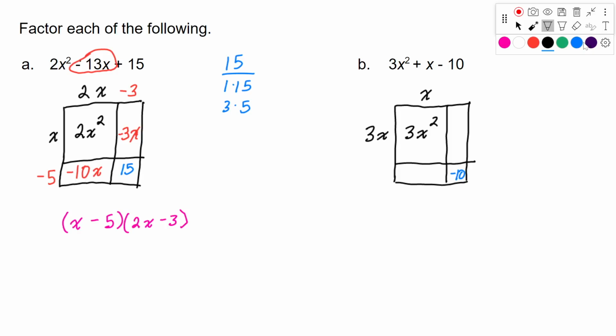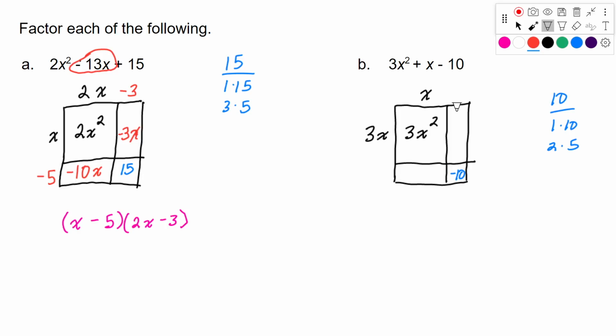Then we're going to look at factors of 10. We have 1 and 10, 2 and 5, and just like before, I'm going to play with the 2 and 5 before I try 1 and 10. Just because, like I said before, numbers closer together tend to be the factors we're looking for most often.